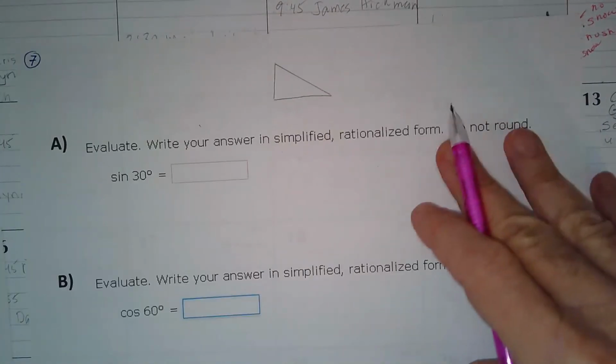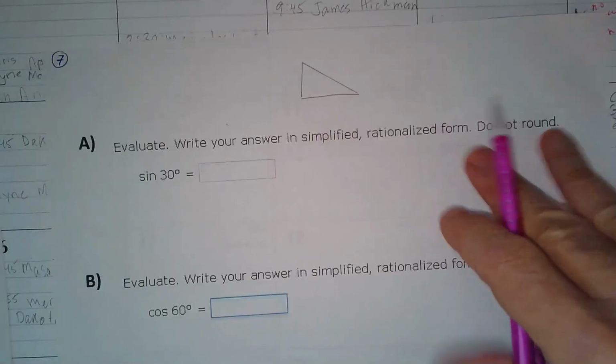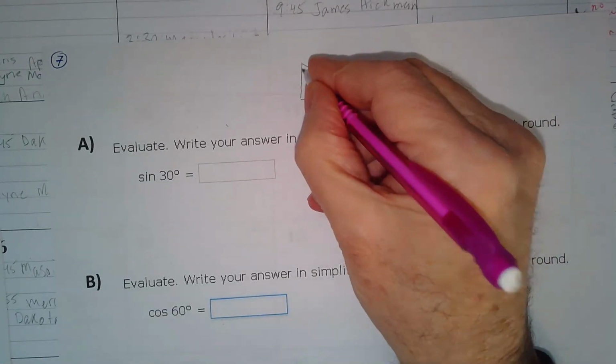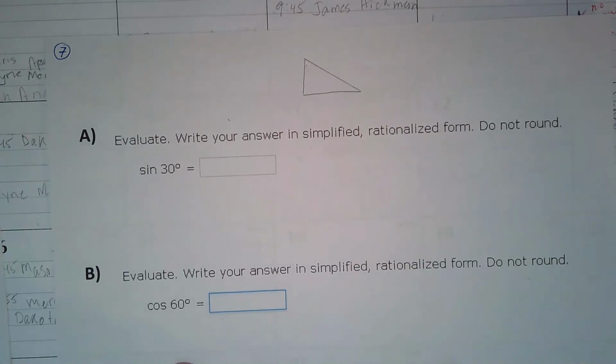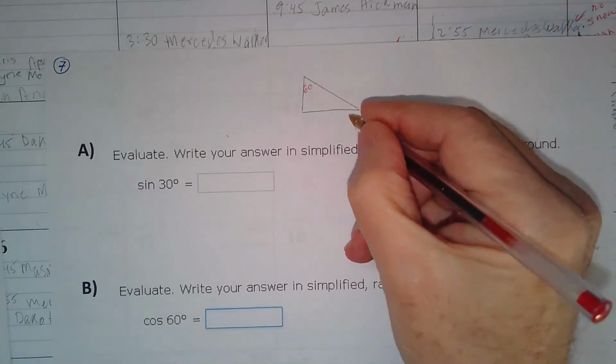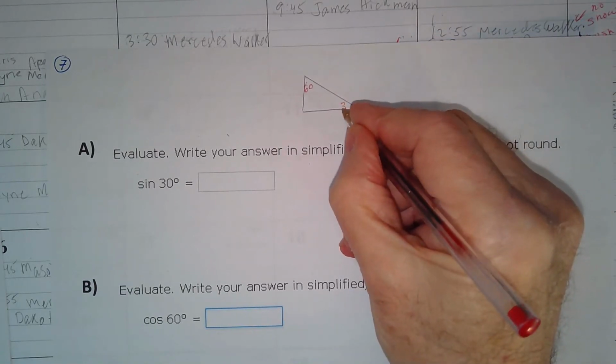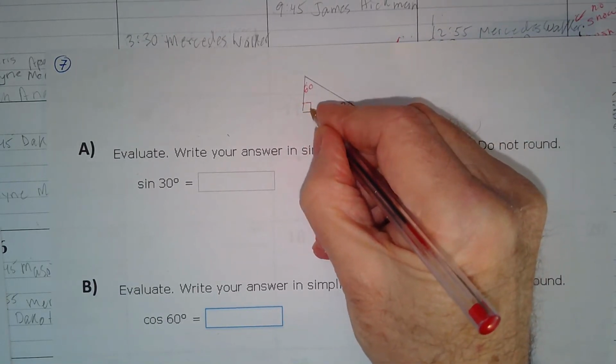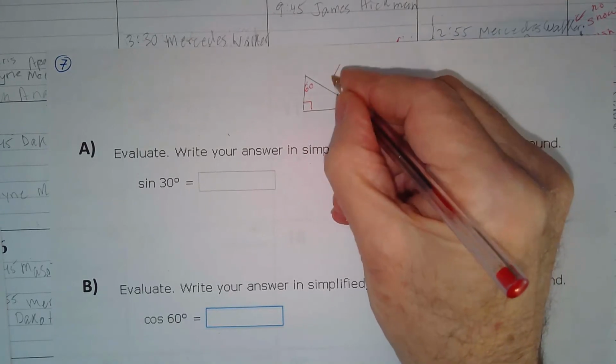Okay, so you got a 30-60-90 degree right triangle. So this is 60 up here. Let's use red. 60 degrees, 30 degrees. This is your right angle. This is your hypotenuse.